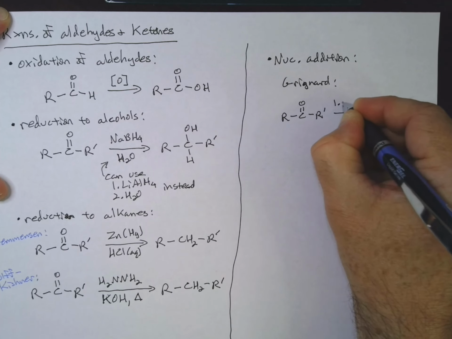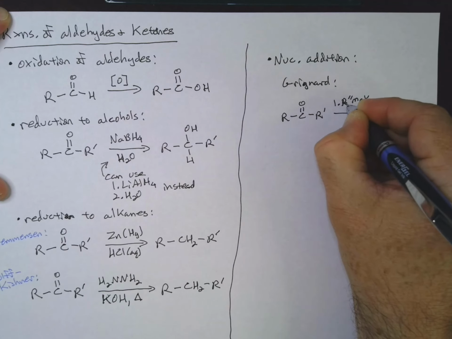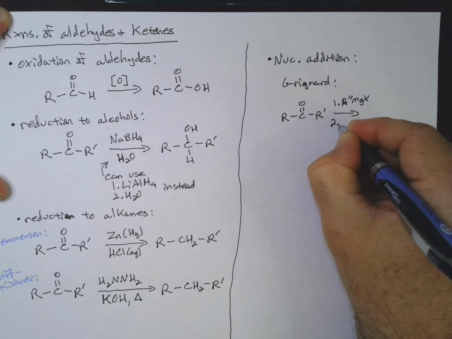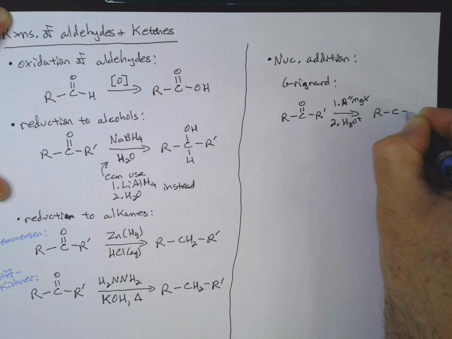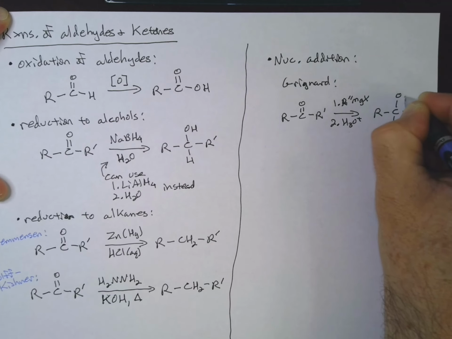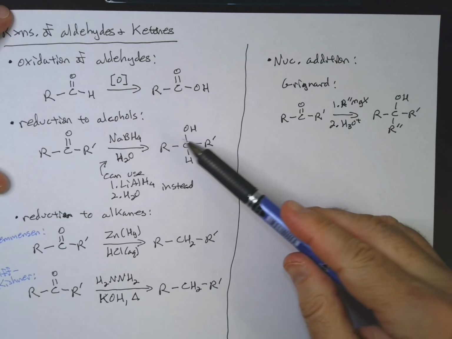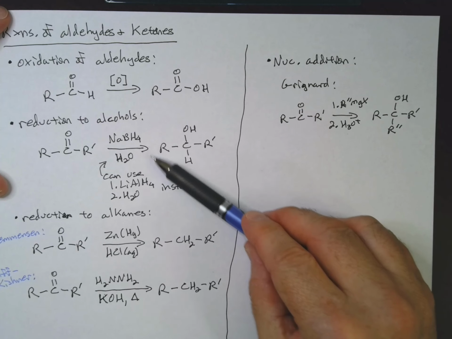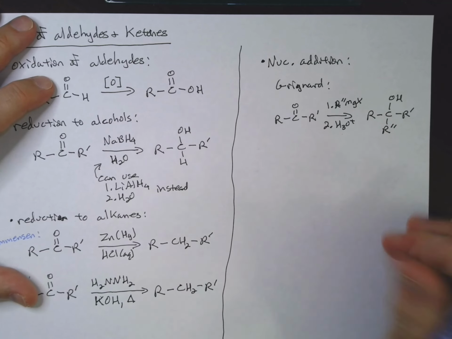Treat that with R double prime MgX, MgBr, whatever, followed by H3O plus, gives me R, C, R prime. We've added the R double prime and we have an OH there. Really, that's what these reductions are as well. We're just using a hydride ion, H minus, as our nucleophile.